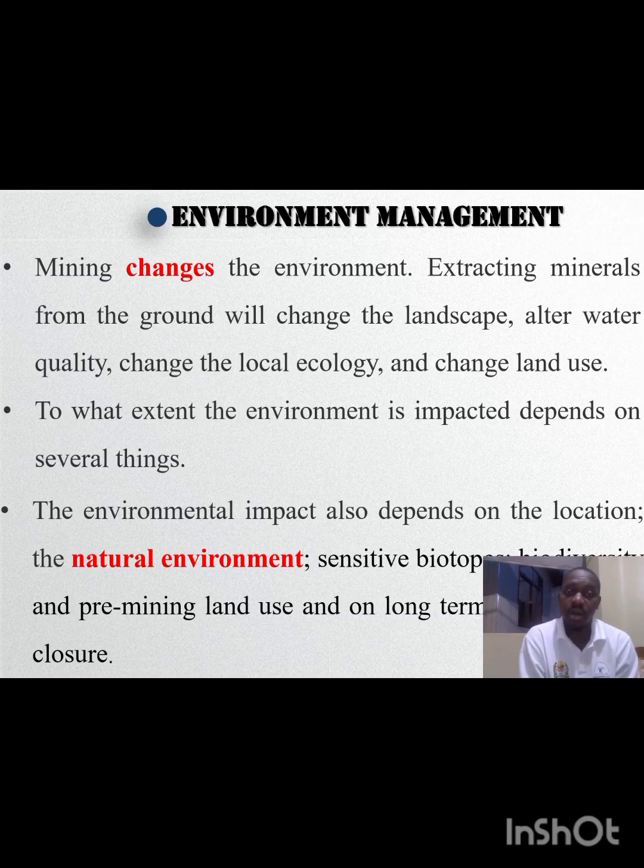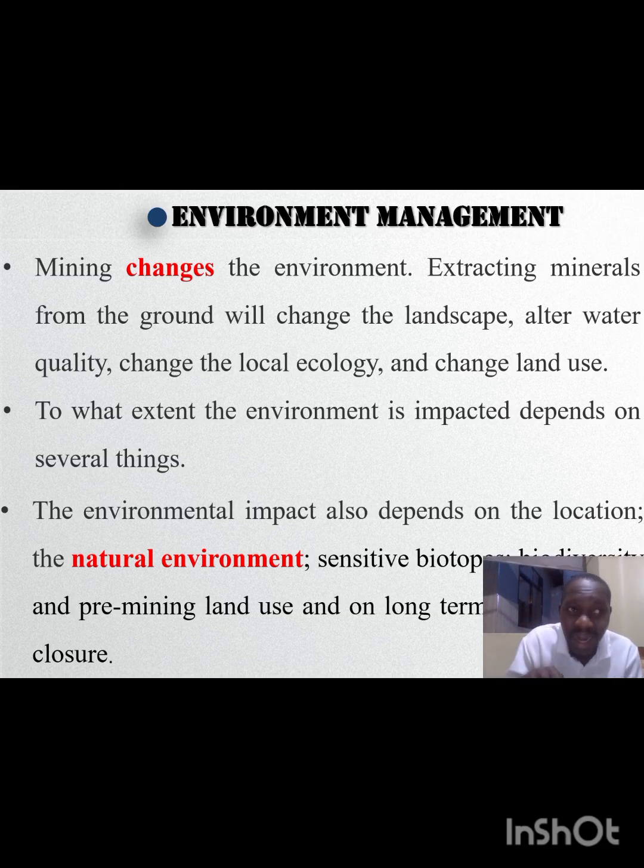So when you talk about the natural environment, it also has things in common with the location, because the natural environment decides the ecology. By ecology I mean the relationship between the living things and non-living things in that particular area.